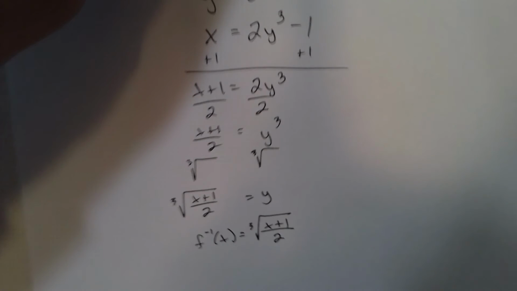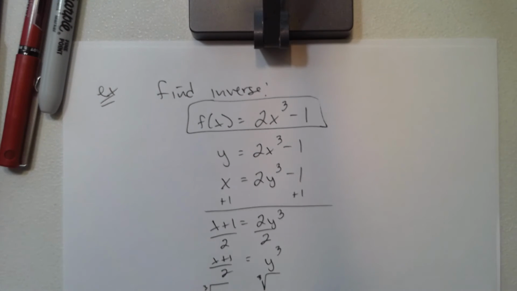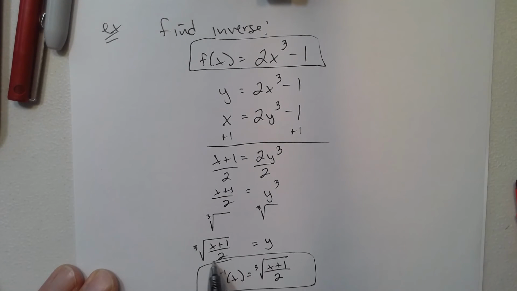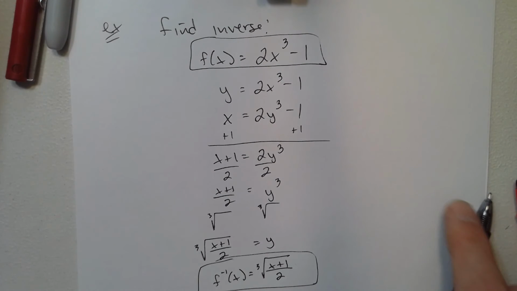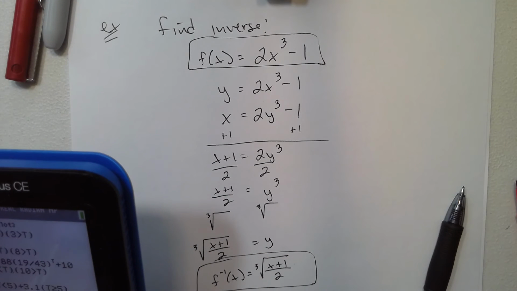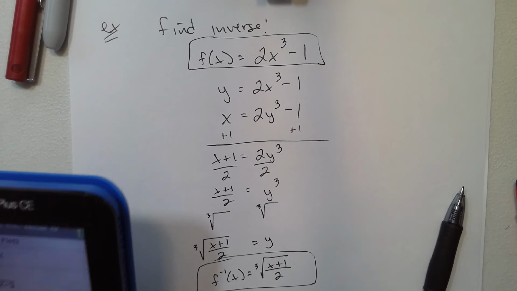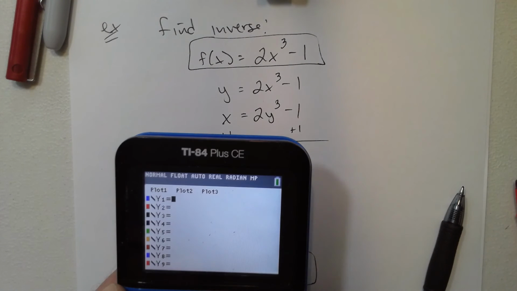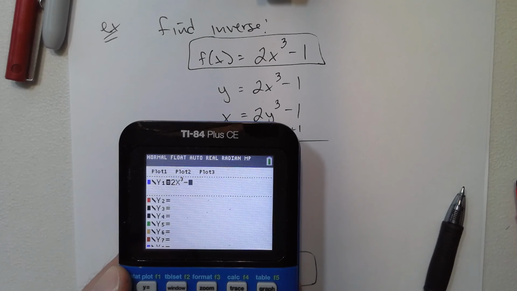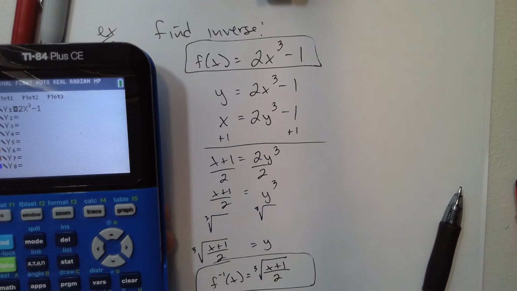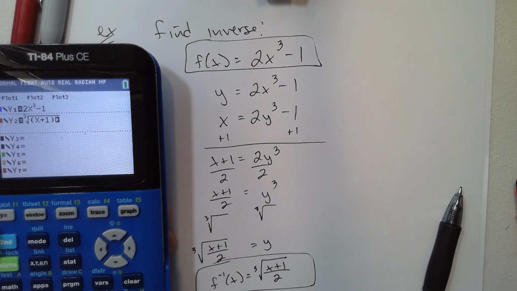Alright, so if I know that this is my original function right here, and this is my inverse, if we graphed them, they should be symmetrical with y equals x. So I'm going to quickly graph them on here. 2x cubed minus 1, and then the cube root of (x plus 1) divided by 2.